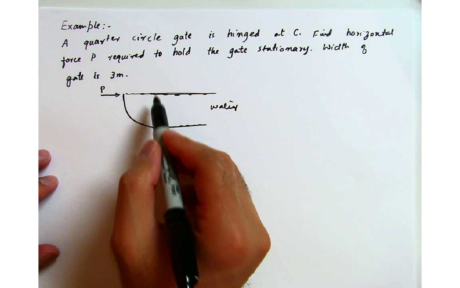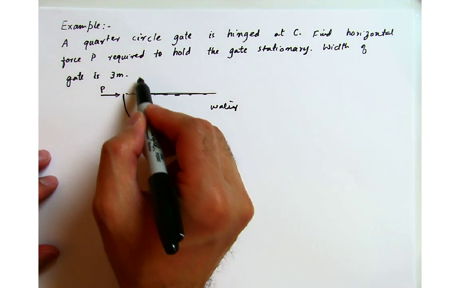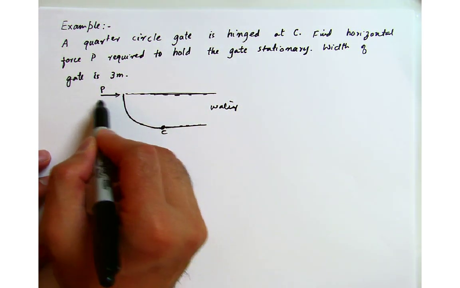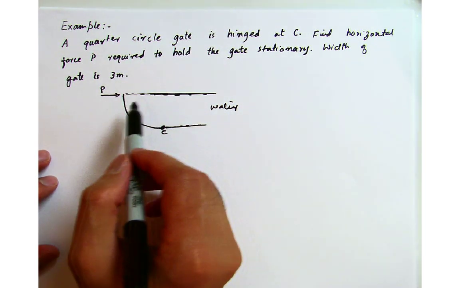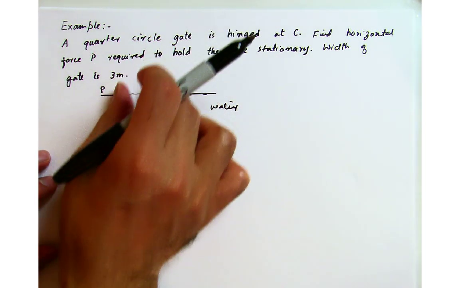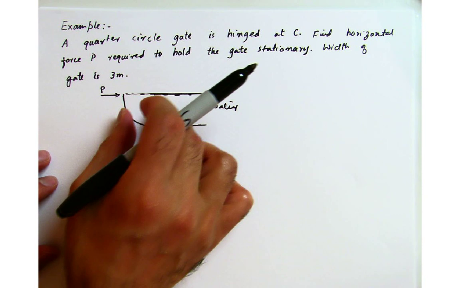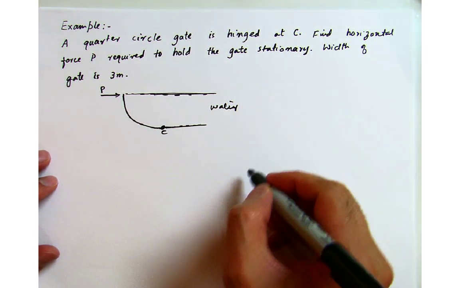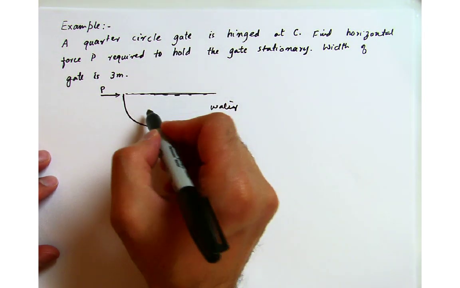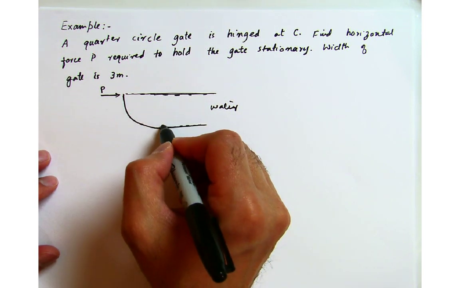Again, there is no force from the top. The atmospheric pressure will be balanced on this side, but if you have some weight on the top, you have to include that. In this case there is no water above it, so we only have to worry about the water of this section. So I'm going to take this out and draw it here.